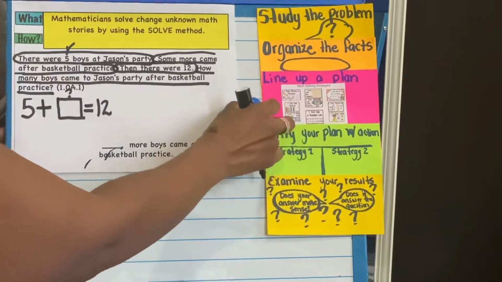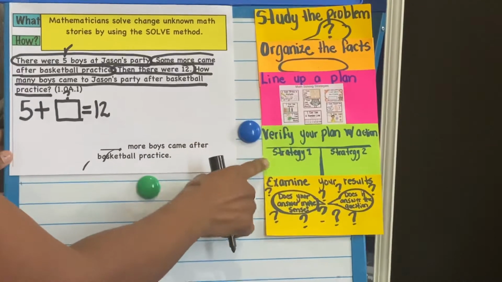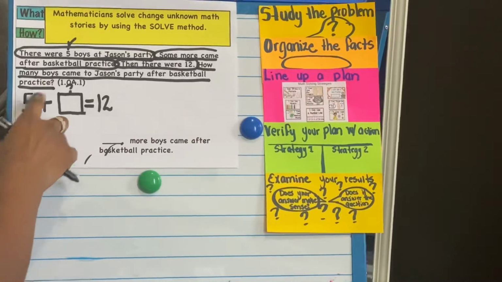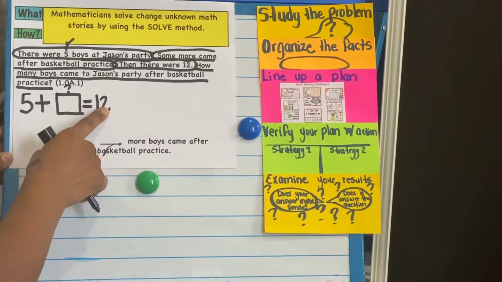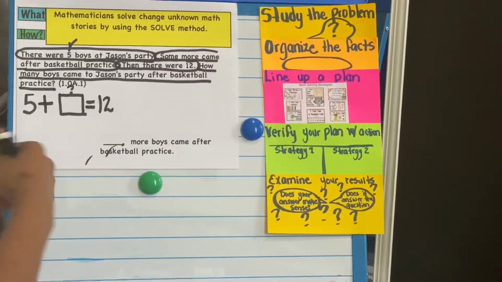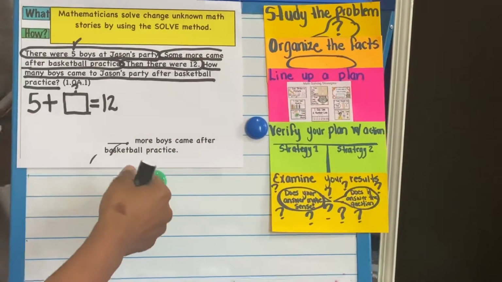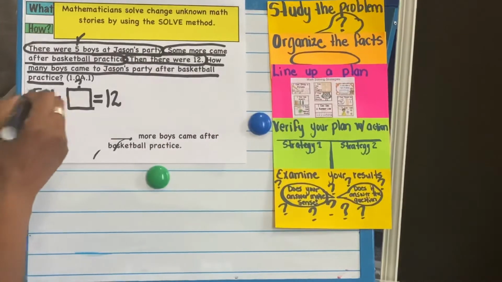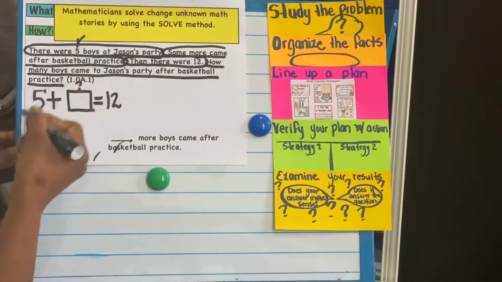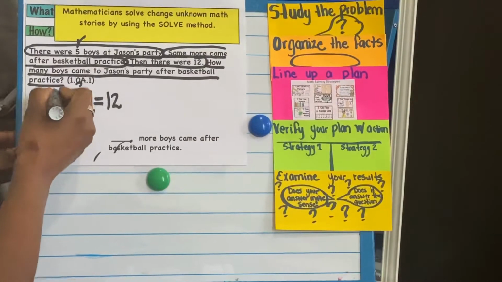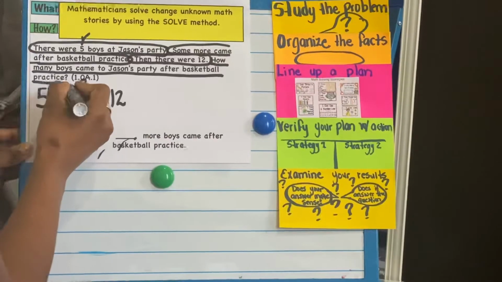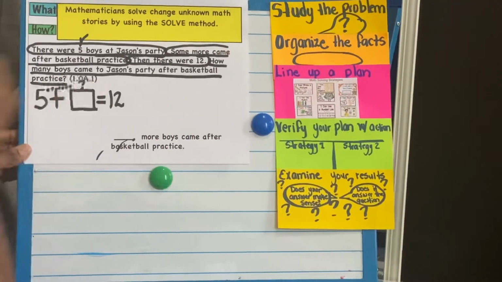My first strategy is an equation. So I'm starting at 5 and I'm ending up at 12. What can I do to solve my equation? Well, I can count up. So 5, 6, 7, 8, 9, 10, 11, 12.